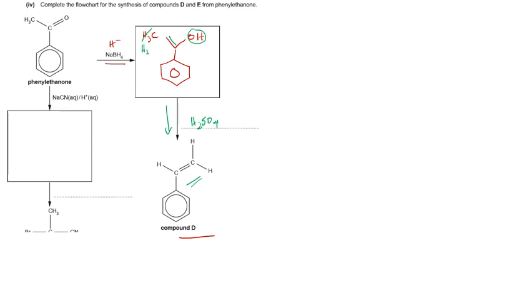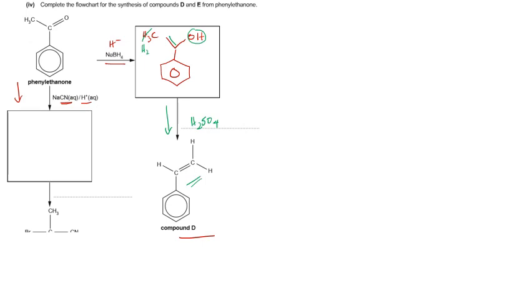Okay, so let's switch back to our phenylethanone and go down this part of the route. If we look at phenylethanone, of course we've got a ketone, and we're going to add acidified cyanide ions to it. From a ketone, when we add acidified cyanide ions, we're going to get a hydroxynitrile.